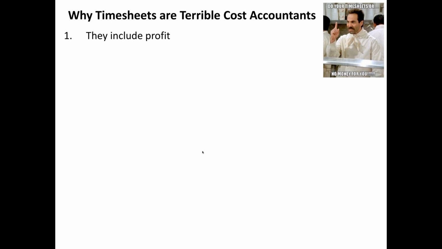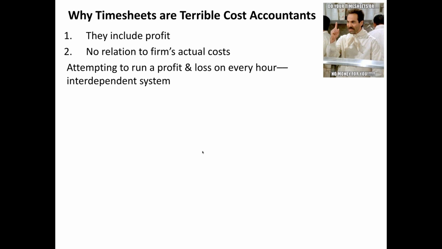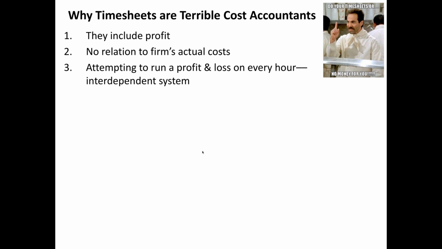Most of the time, because 63% of your salaries are your largest fixed costs, according to poll number 2, it's obvious that what you pay your people and how they are utilized are two totally different things. Your cost, that $200 per hour, includes profit. It has nothing to do with the firm's costs. Nothing. The other thing is there's no relation to the firm's actual costs, and nobody ever ties out those numbers.